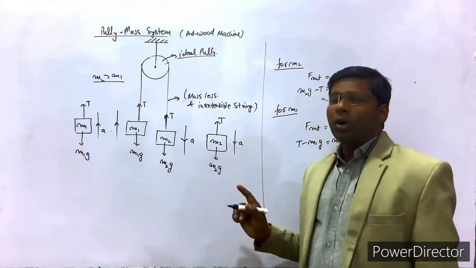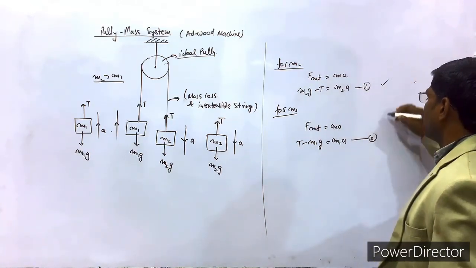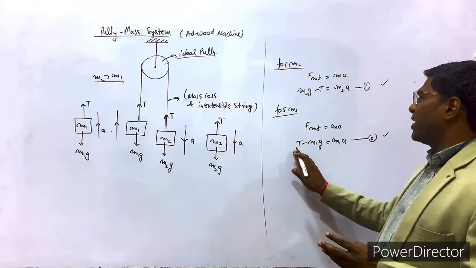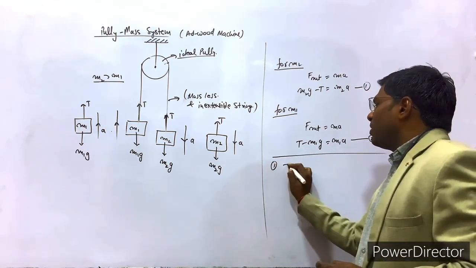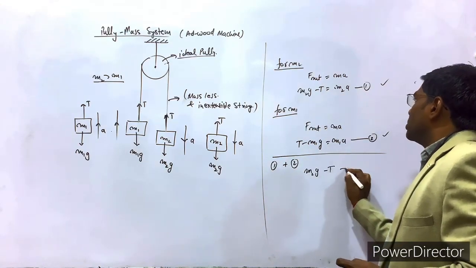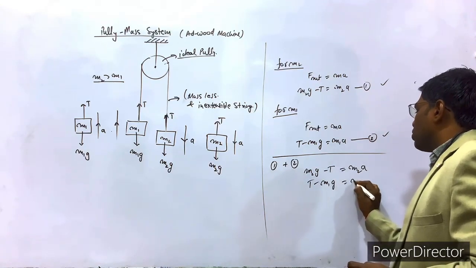Here we have two unknowns, the acceleration and the tension in the string. Now we have the two equations 1 and 2, and solving these we will get the tension and the acceleration. Add equation 1 and equation 2: M2G minus T is equal to M2A, and T minus M1G is equal to M1A.